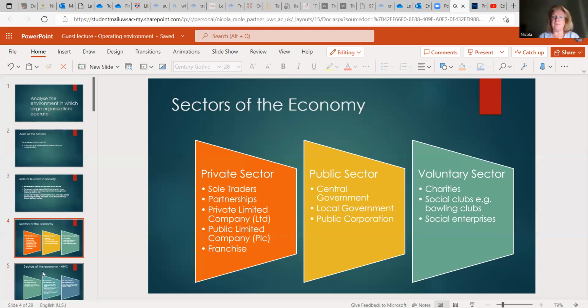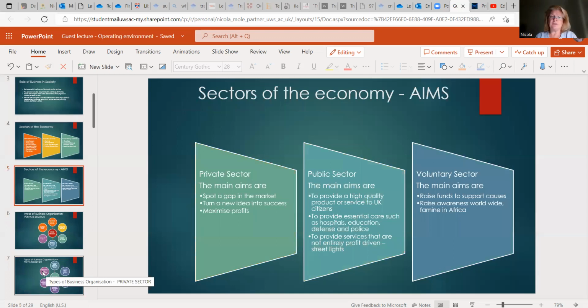What are the aims of these different sectors of the economy? So the private sector, the main aim is to spot a gap in the market, all right? So look for a good or a service that's not being provided or could be provided better, and turn this idea into success, which will obviously then maximise profits, because businesses start by maximising profits.